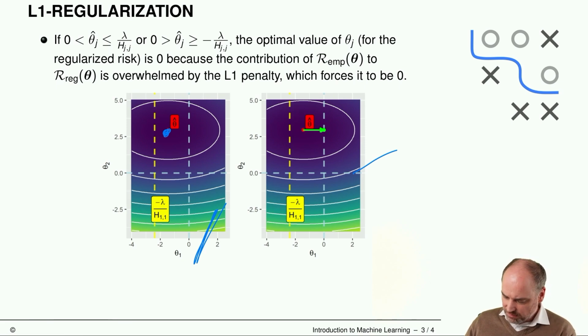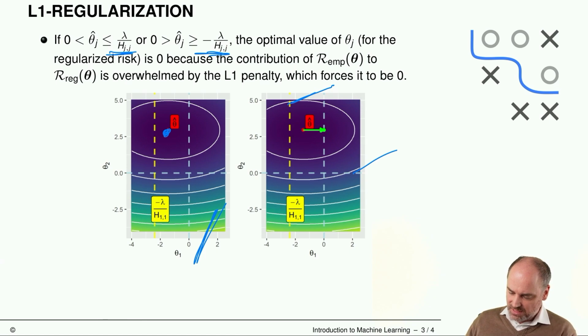The more interesting things are the yellow dotted lines here. This is actually the limit from our soft thresholding. So this is lambda divided by the entry of the Hessian matrix.